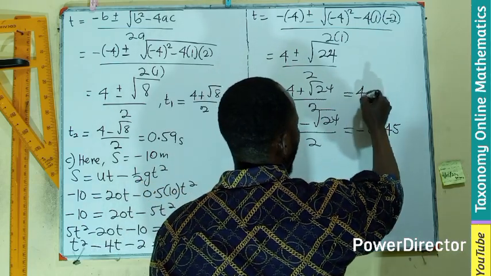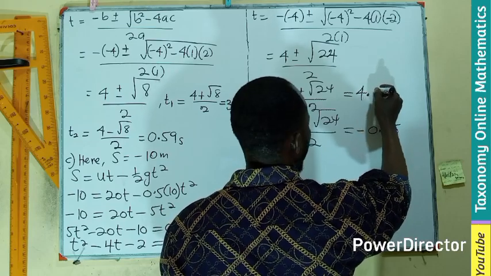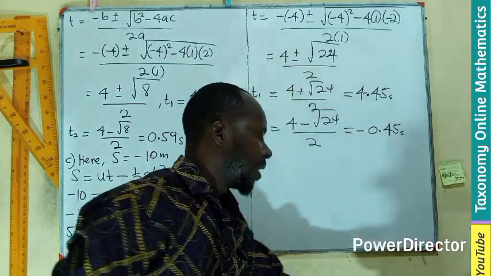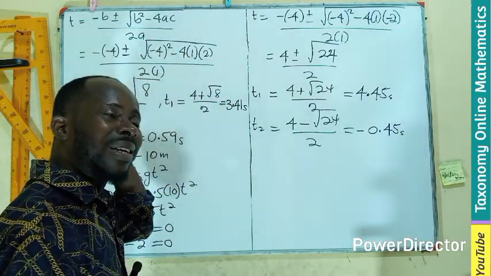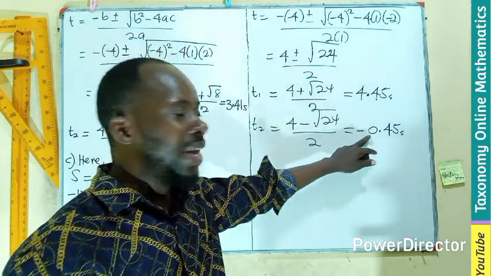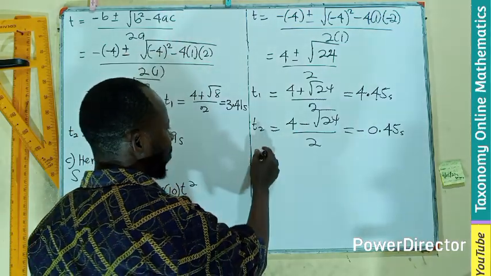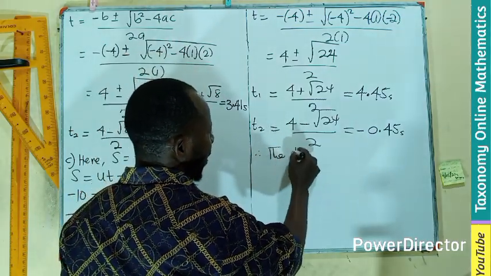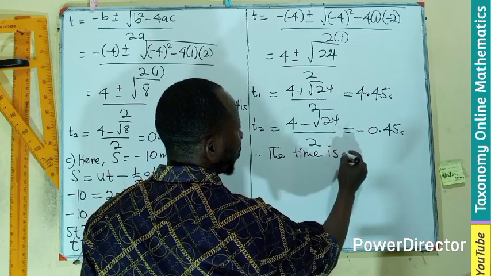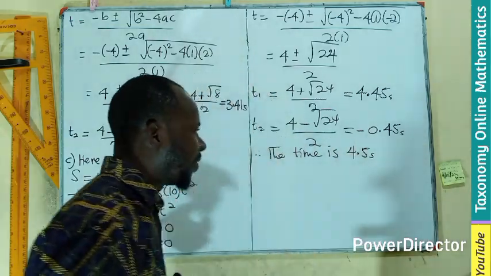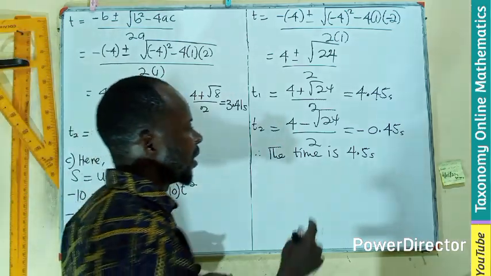That will be giving you 4.44, so 45, all in seconds. But at this point, you can tell that the time cannot be negative. The time must be positive. So we can say that therefore, the time in this case is going to be 4.5 seconds, if I'm leaving the answer in only one decimal place.